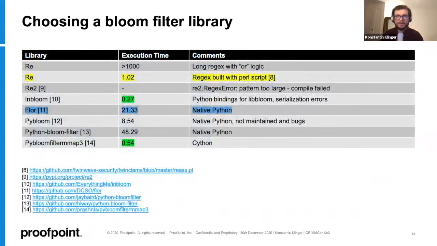So if you increase the size of indicators you want to check, and if you don't use 500,000 domains, but more, the Bloom filter will always be better than the regex, but also the native Python solutions of the Bloom filter are getting better with more indicators. So the regex gets worse and worse, but the Bloom filter is getting better and better. So it scales with many IOCs.